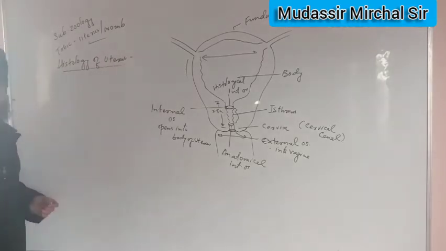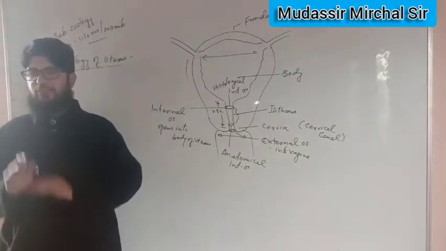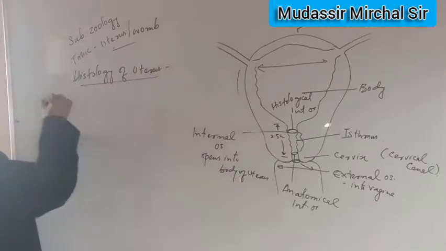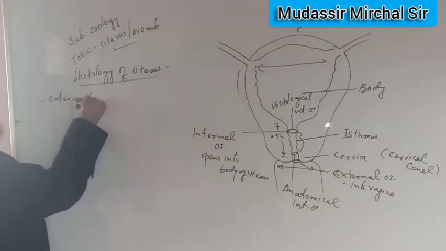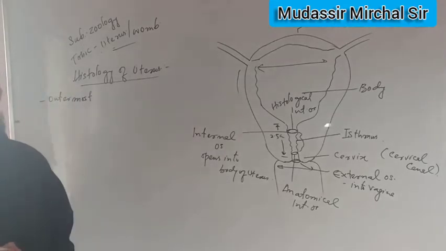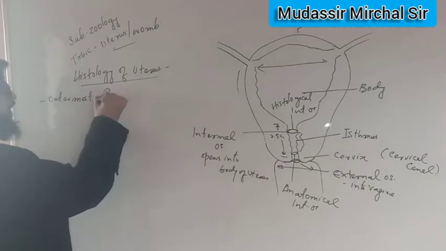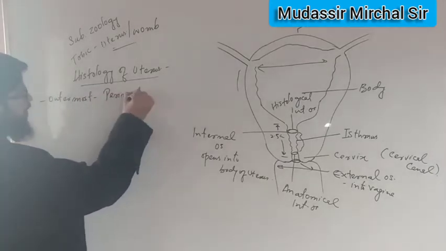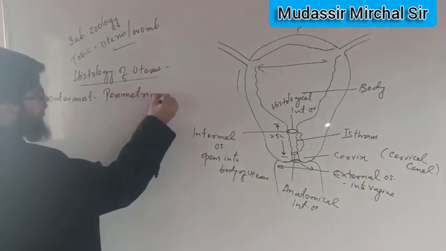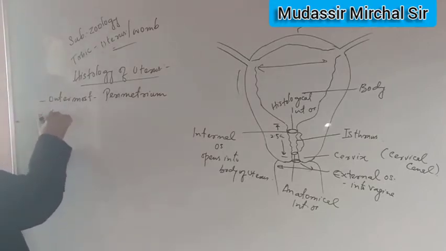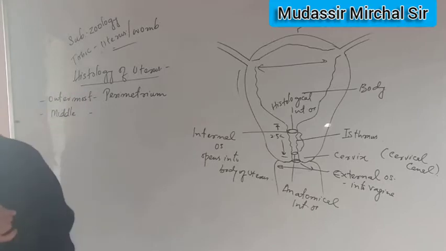Histology of the uterus says that the uterus has three layers. The outermost layer is the serosa, and it is what we call the perimetrium. The middle one we call the myometrium.